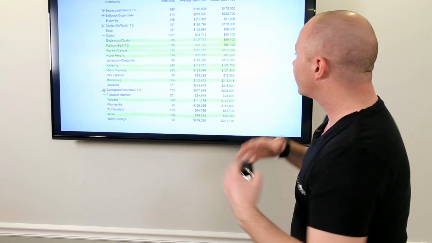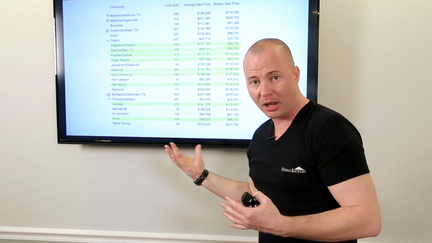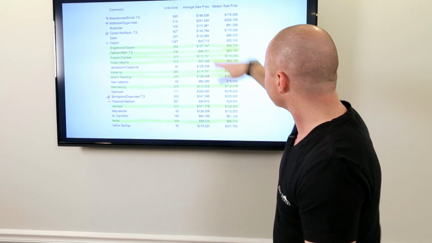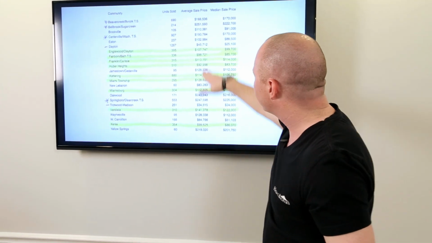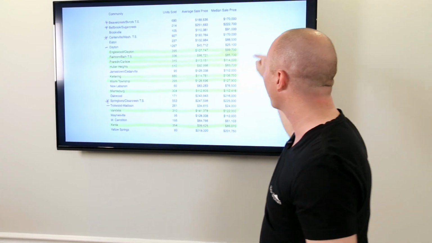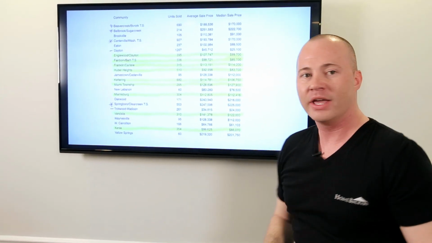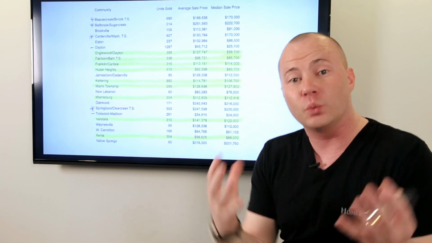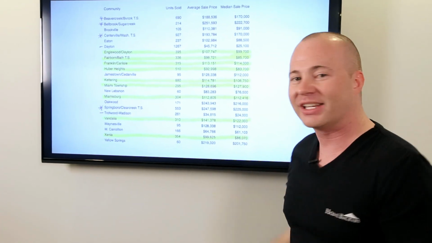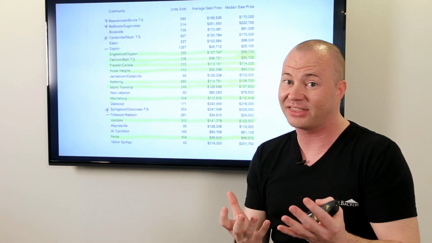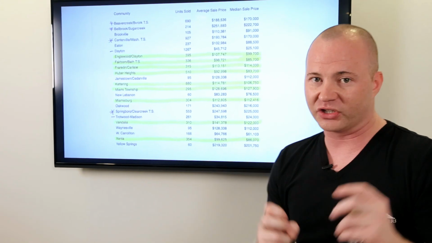I did a search of all the properties that were sold in every single city and town in our entire MLS. Here's what I found out. The average sales price right here is really what I was looking for. What you can see highlighted in yellow is all the properties that are in our sweet spot, because the sales price is right around that $116,000 figure we just identified.